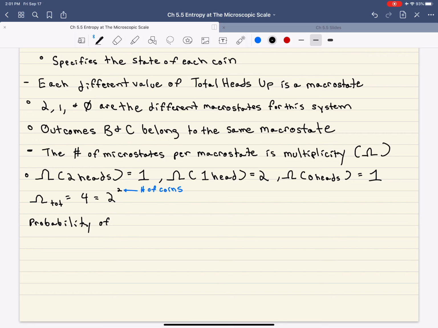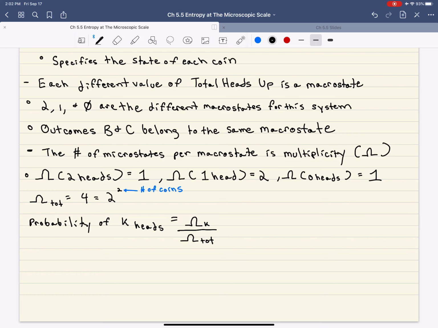Or for this system, to be more concrete, what's the probability that we would observe the instance where we have either one head face up, two heads face up, or zero heads face up, or more generally, what's the probability we have k number of heads face up? To calculate that probability, we would take the multiplicity of a macrostate that had k heads up, and we would divide it by this overall multiplicity.